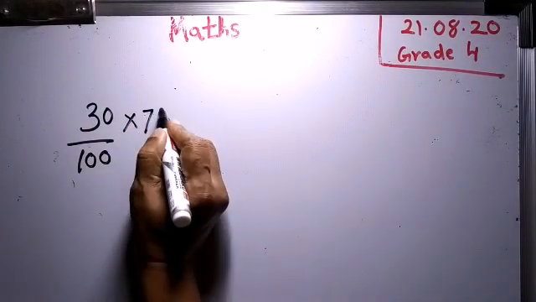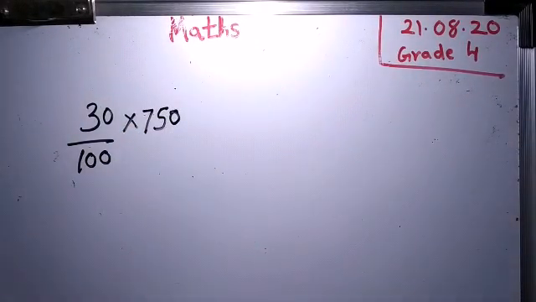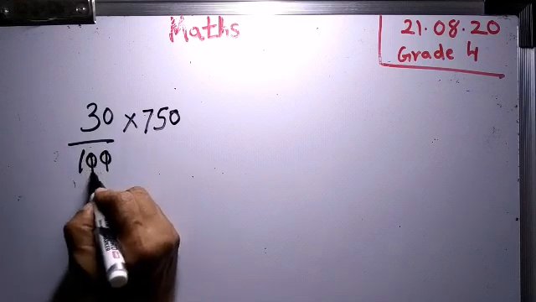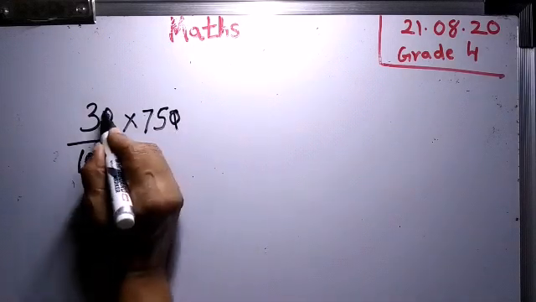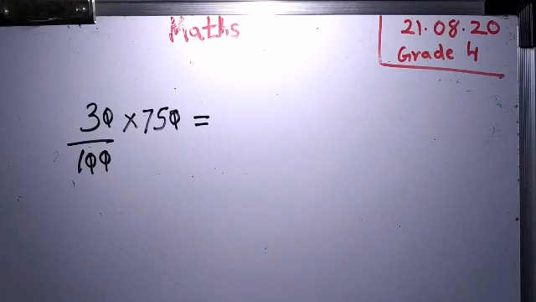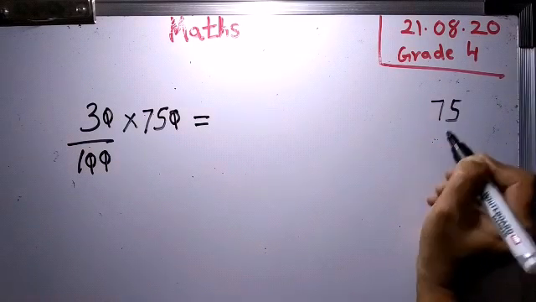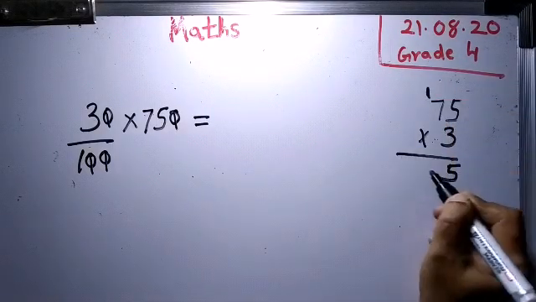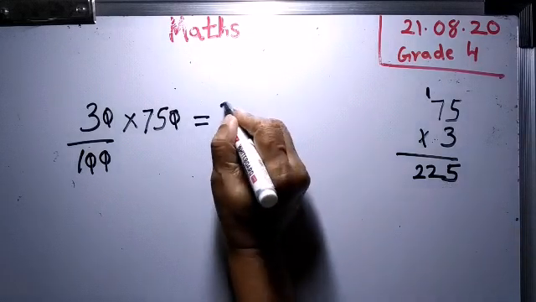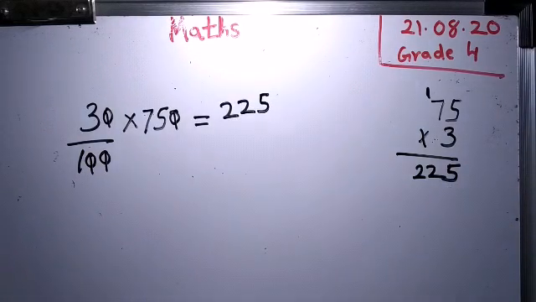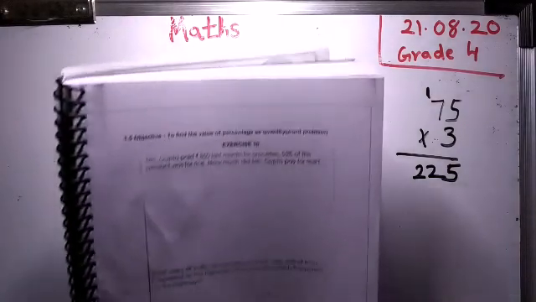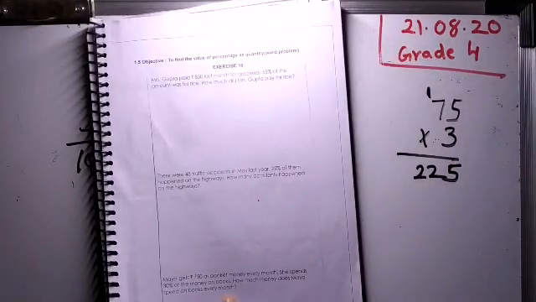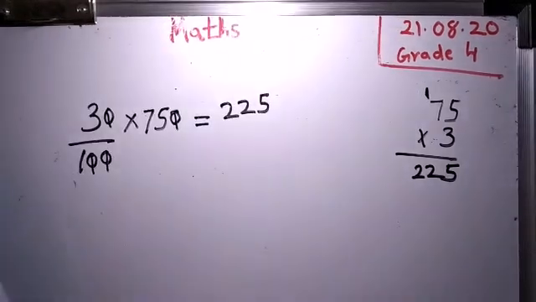So into 750. So you take away this 0, 0. You have 2 zeros in the numerator, 2 in the denominator. Now multiply 75 into 3. 5 3s are 15. 1. 7 3s are 21 and 1 is 22. So 225. Right? So that's rupees 225 which she spends every month on books.